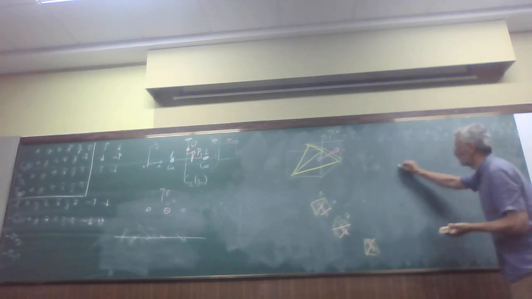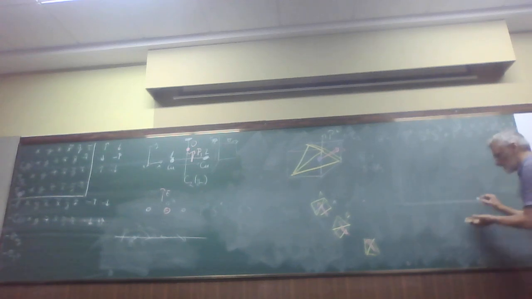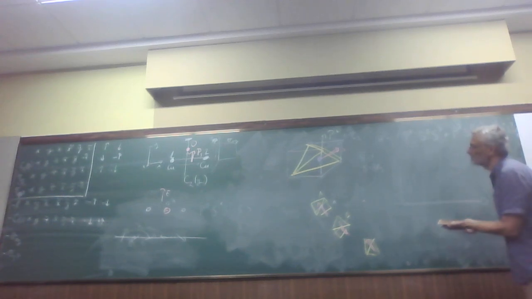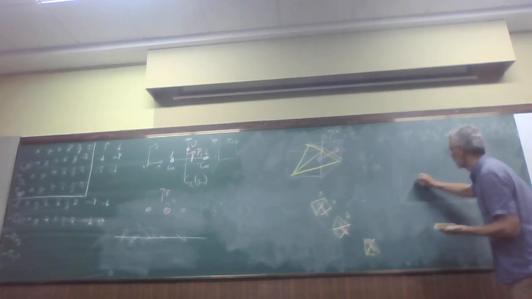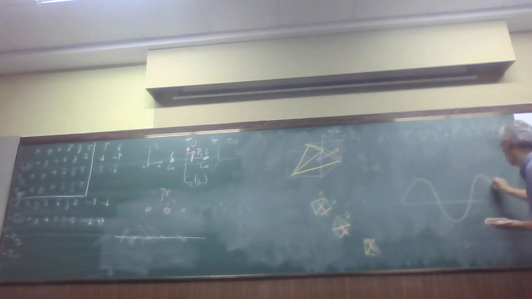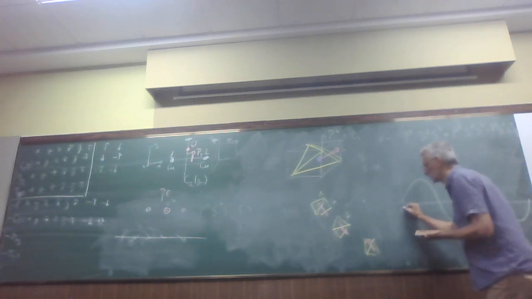Once they did this experiment, what they found is that the polarization behaves like this. This is the angle, this is the 2 pi angle, this is the pi angle, and this is the sharp zero.